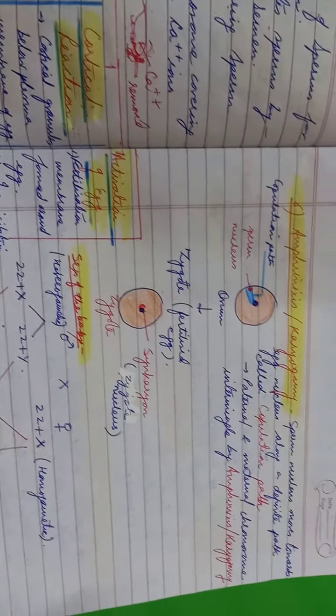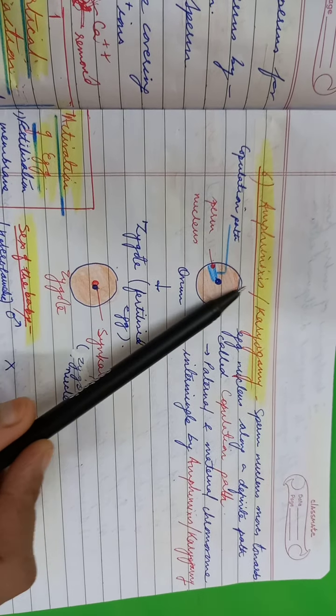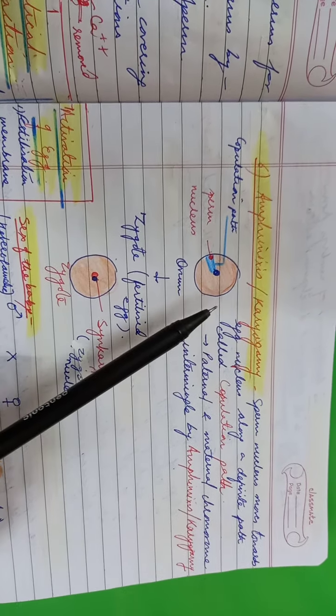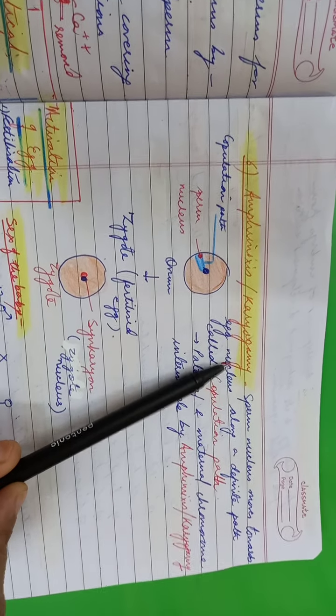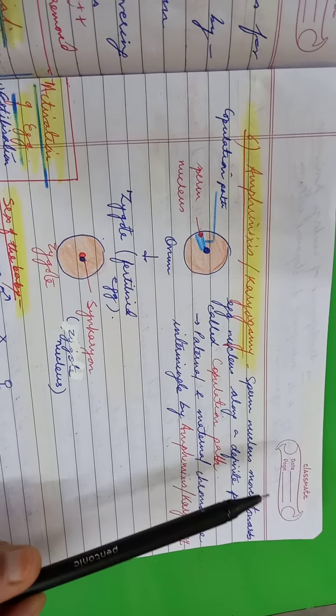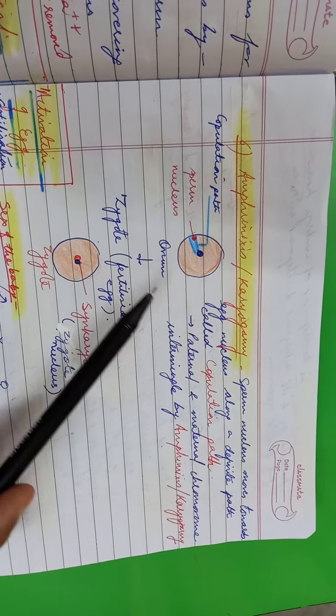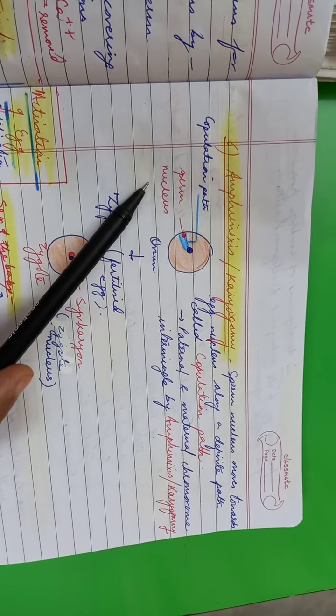The last step in fertilization is amphimixis or karyogamy. Gamy means marriage and karyon means nucleus. So here we can say the fusion of male and female pronuclei restores the normal original diploid number of chromosomes. We saw that the ovum is haploid and the sperm is haploid.